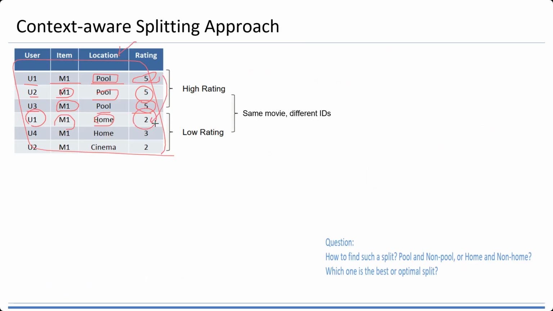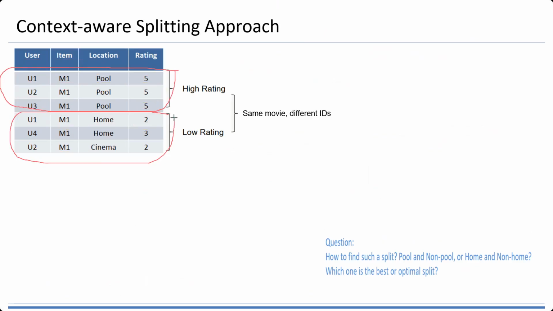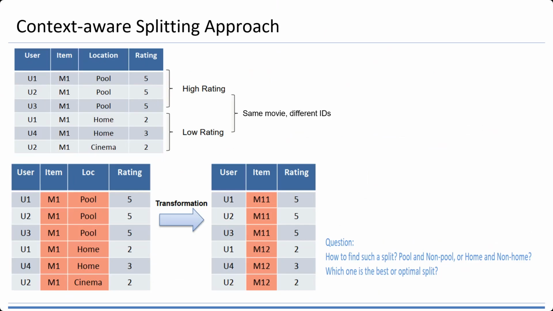And we can have some more ideas. Okay, if this is the high rating, let's split with the low rating. After we split this, then we can do the data transformation. The data transformation means with this data, we transform so that we have user one.